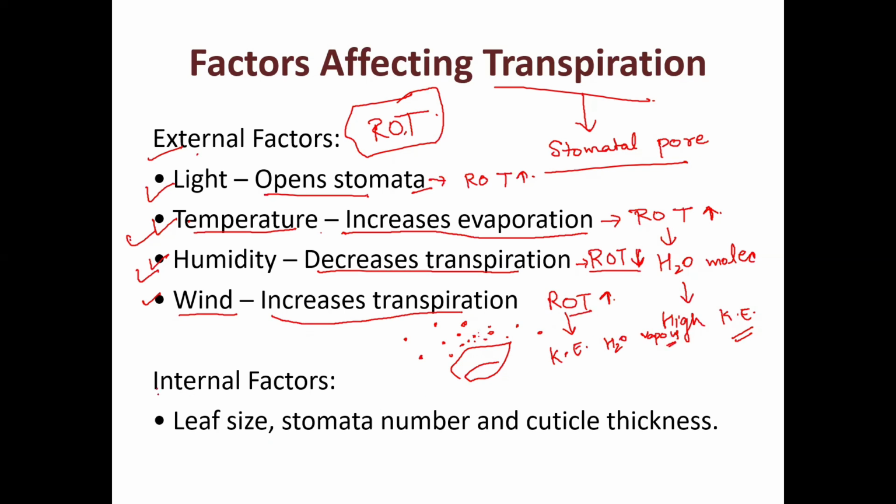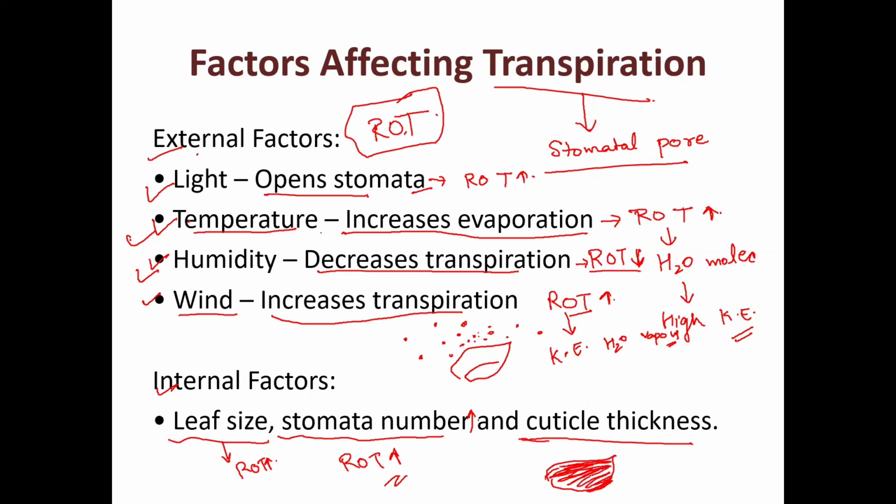Internal factors: size of the leaf. The larger the leaf, the more stomata are present, so the rate of transpiration also increases. Stomata number: the more stomata, the higher the rate of transpiration. Cuticle thickness: the cuticle is a covering of the leaf, a waxy layer.